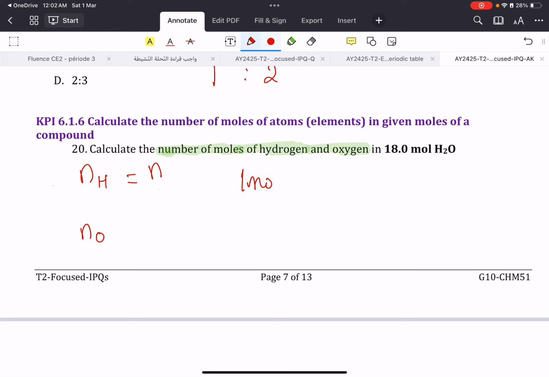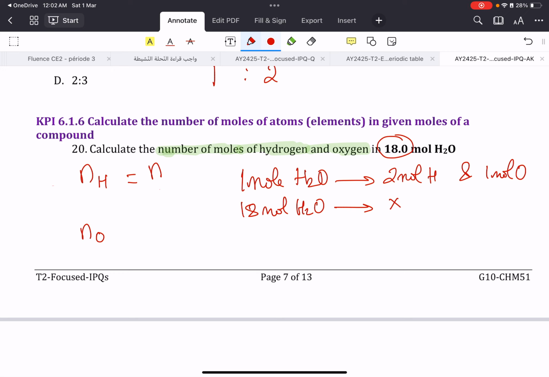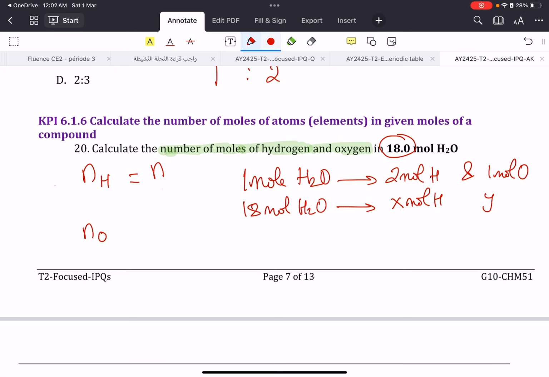In 1 mole of H2O, I have 2 moles of H, but I also have 1 mole of oxygen. Now, if you give me 18 moles of H2O, that's going to get me X moles of H or Y moles of oxygen. So how do I find X?